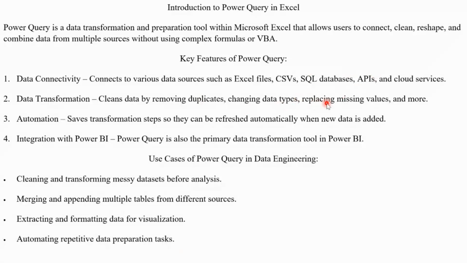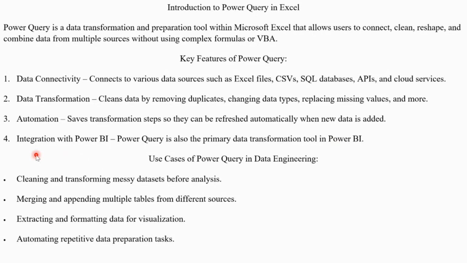And replacing values. Okay, we'll get to that. At the same time, automation: save transformation steps so that they can refresh automatically when new data is added, just like what I explained the other time. Once we're adding new data, based on the pipeline you already designed, the data will continue to move using that same sequence, that same method.